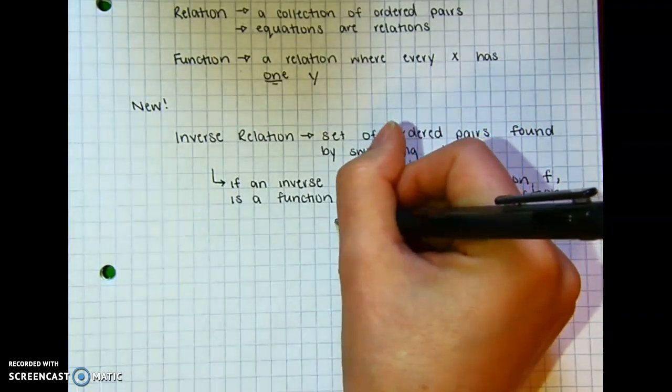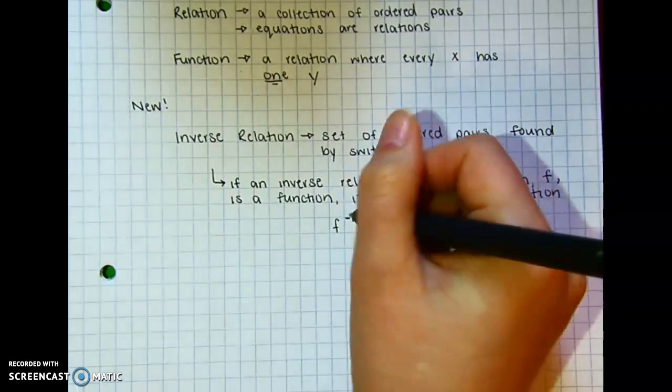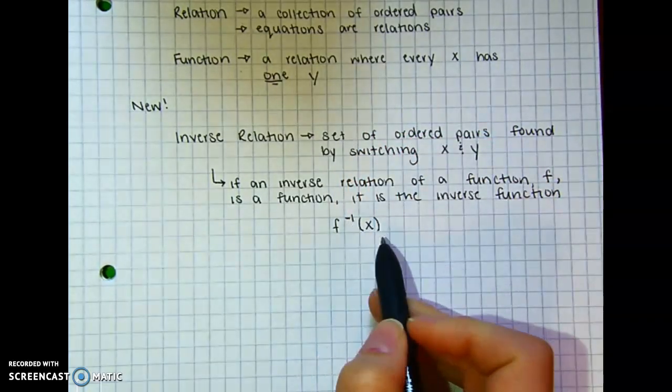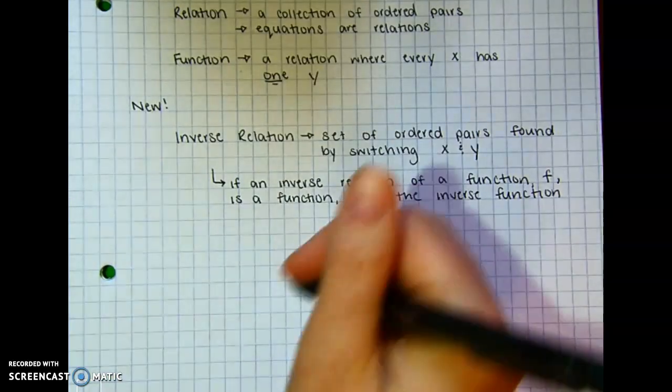And we note it f and an exponent, if you will, of -1 of x. And this is read f inverse of x. So, excuse me. Let's do an example.